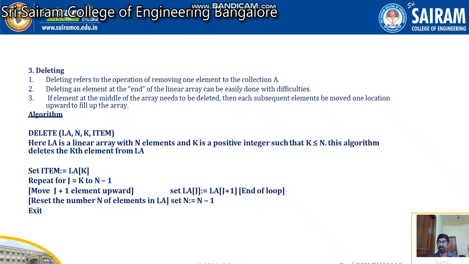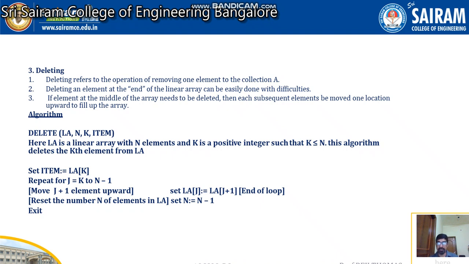Then you reset the number of elements in LA: n is equal to n minus 1. Before that, you repeat this step. How many times? Till the j value reaches n minus 1.